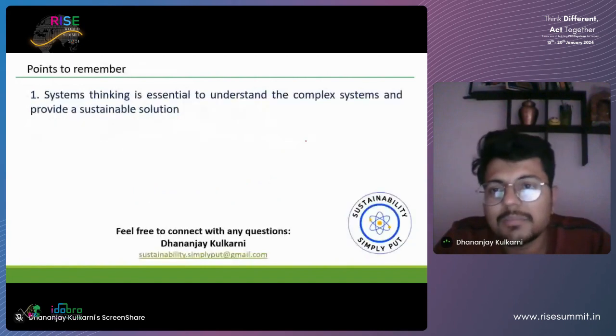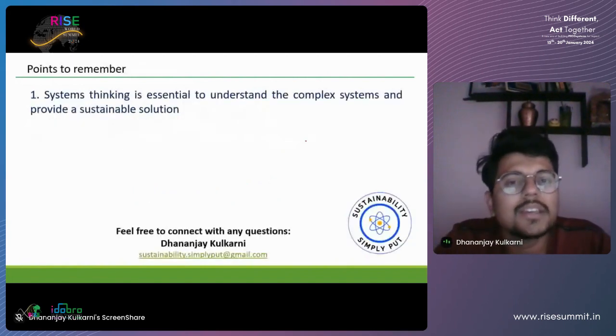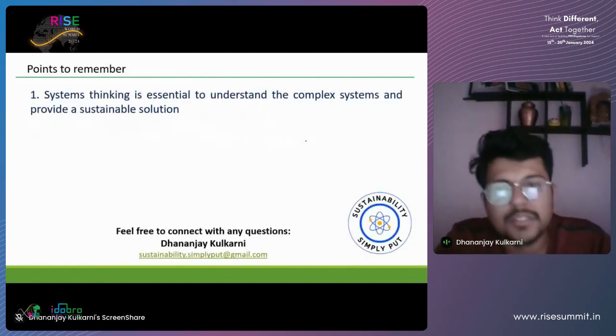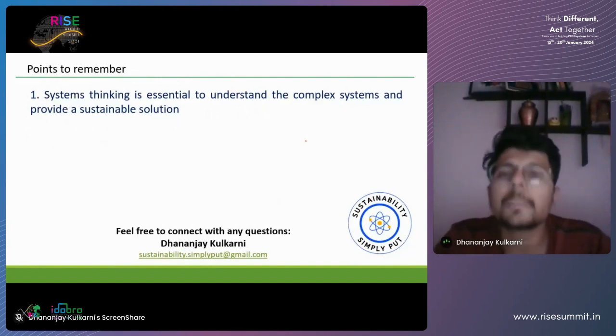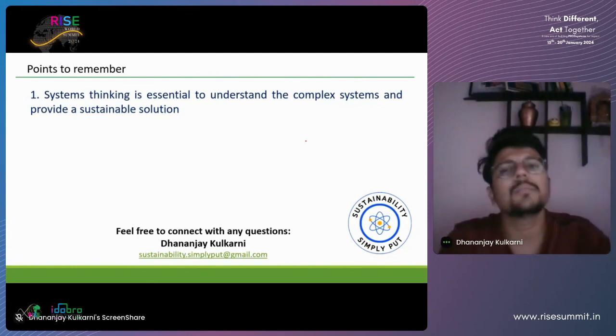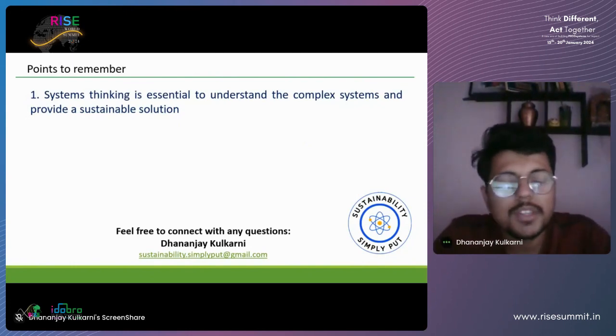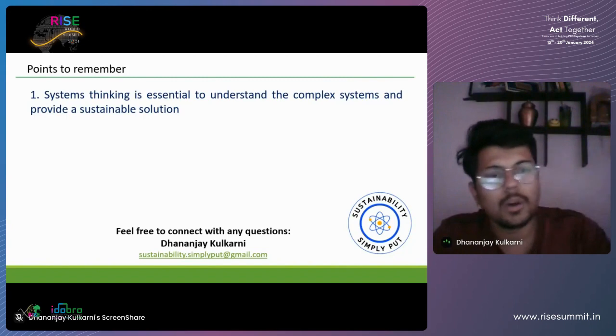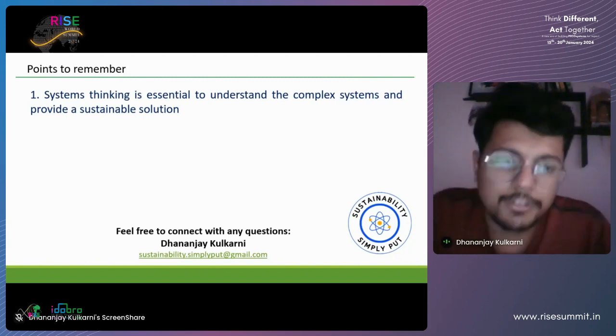And at the end, I would like to say that systems thinking is essential to understand complex systems and provide a sustainable solution. The reason being, whatever sustainable solution we have, we are talking about the long term. We are not talking about quick fixes.